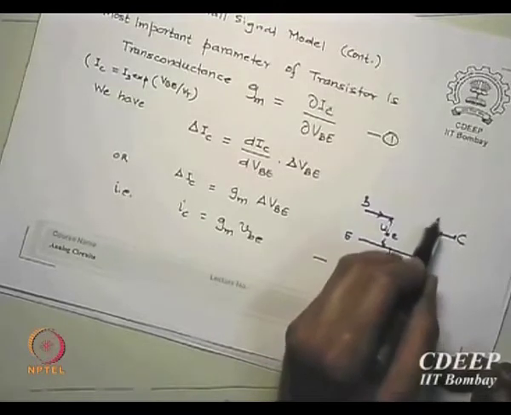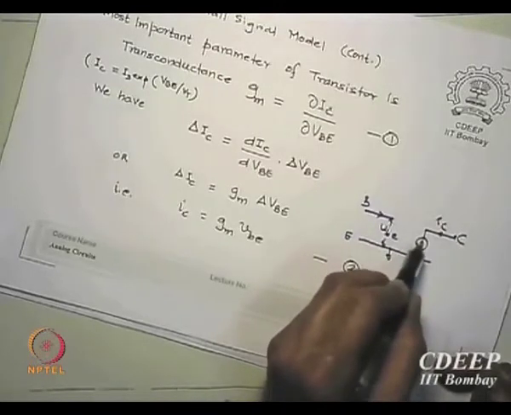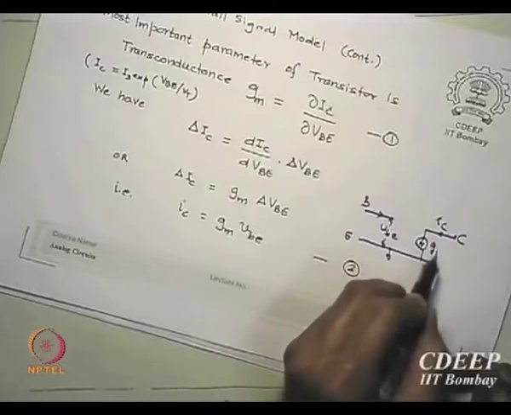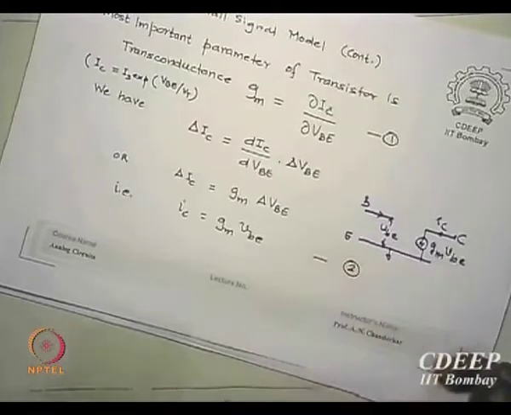So if I see the collector current here, it is GM times VB. Is that okay? So the collector current which I will see at the output side is essentially GM times the input signal at the base emitter side, is that correct? This is what an amplifier is going to do.